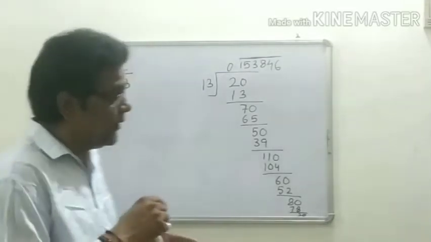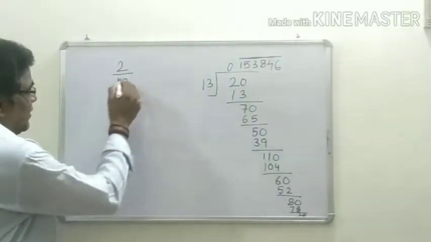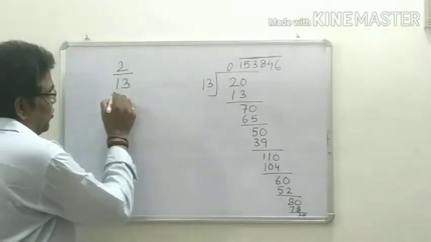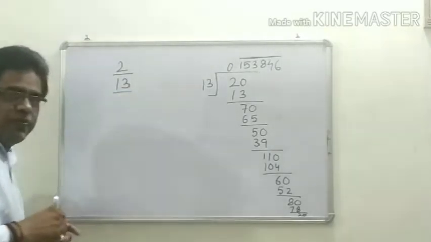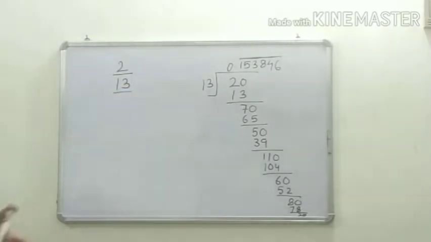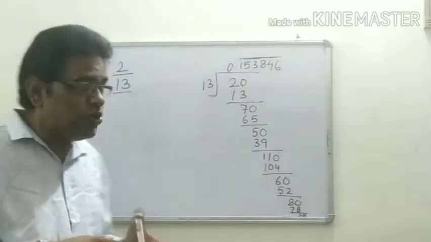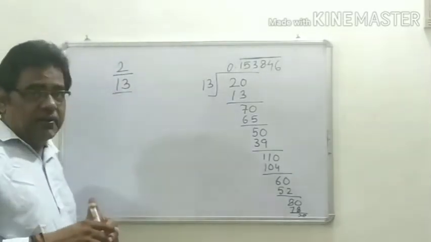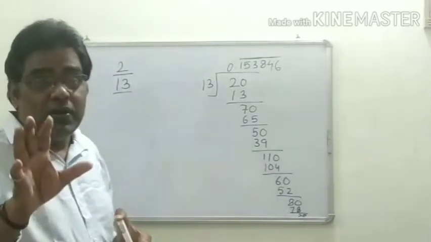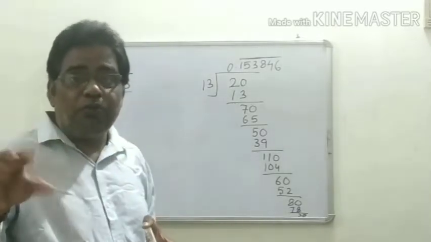Now you see one thing. First of all, you cannot do prime factorization of this; 13 itself is a prime number. You see that the denominator has neither 2 nor 5.